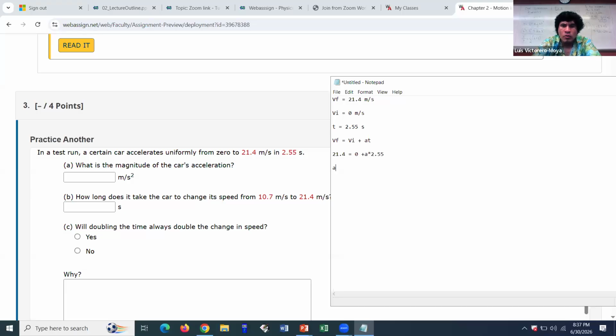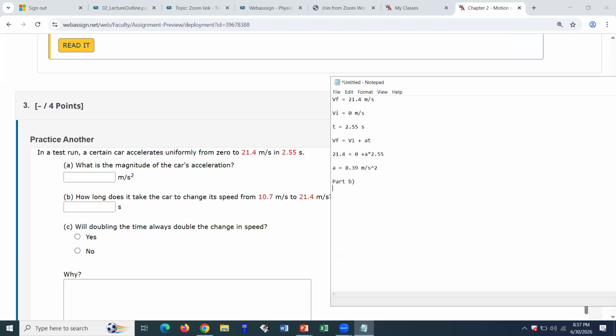So like you said, what do you get for acceleration? 8.39 meters per second squared. All right. So you have to use that for part B.